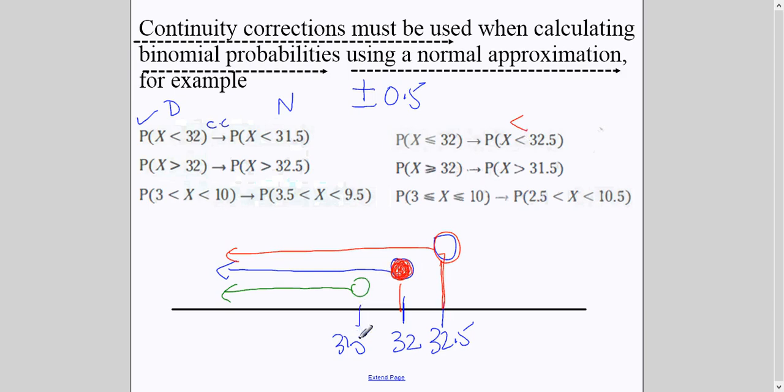If I add 0.5 to 32, it is 32.5, versus subtracting to get 31.5. Again, if I go from here to the left and from here to the left, which line is including 32 now? This one, because it passes through all the values and 32 will be part of it. Whereas if I go from here, 32 will not be part of it. So that's why we are adding 0.5 here.